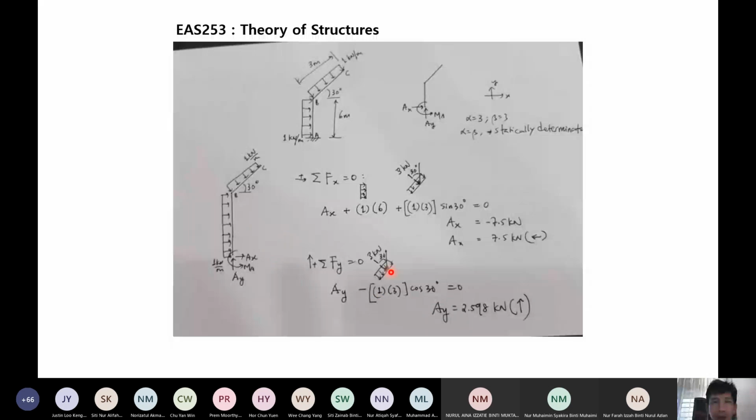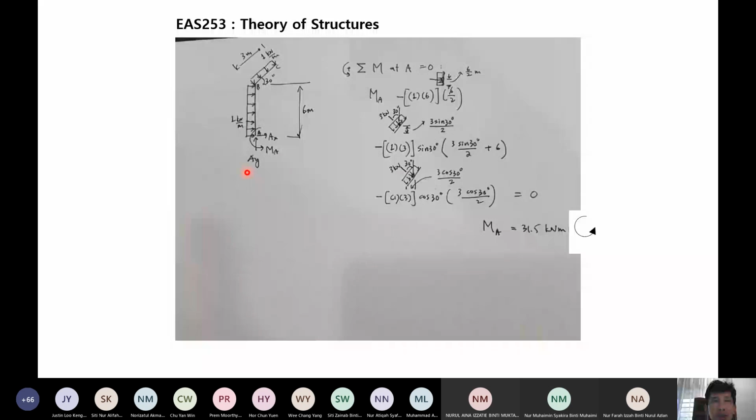So next, the third one, to find the moment. To find the moment, so again, I show you the free body diagram here. Then we use the third equilibrium equation, take moment at point A equal to 0, consider counterclockwise as positive, so I follow this MA. When you take moment at A, don't forget this MA.